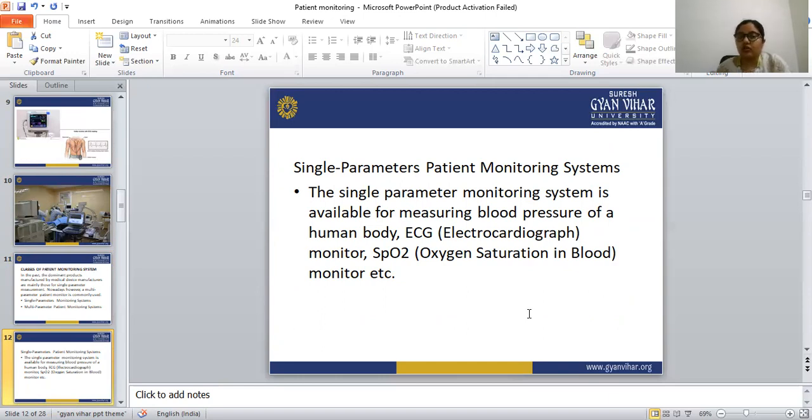But these cannot all be done together. For measuring blood pressure there is one device, and for monitoring the ECG there is another device. So these are single devices. If we are monitoring the ECG, only the ECG is possible from that machine. But in the multi-parameter system, we can measure all the things together.